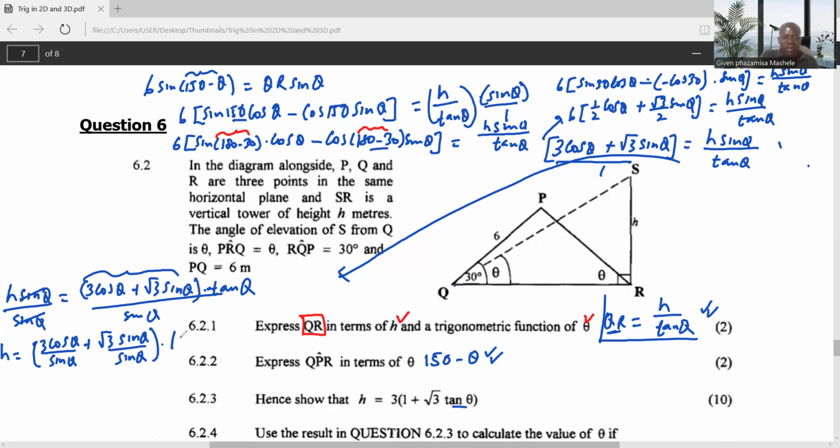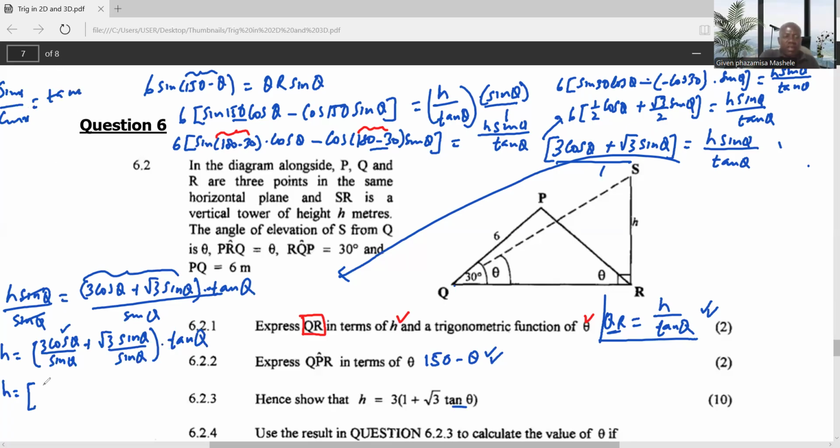Outside we multiply by tan theta. Look what will happen. What is cos over sine? Remember, we know that sine over cos is tan. So how about cos over sine? It's 1 over tan.